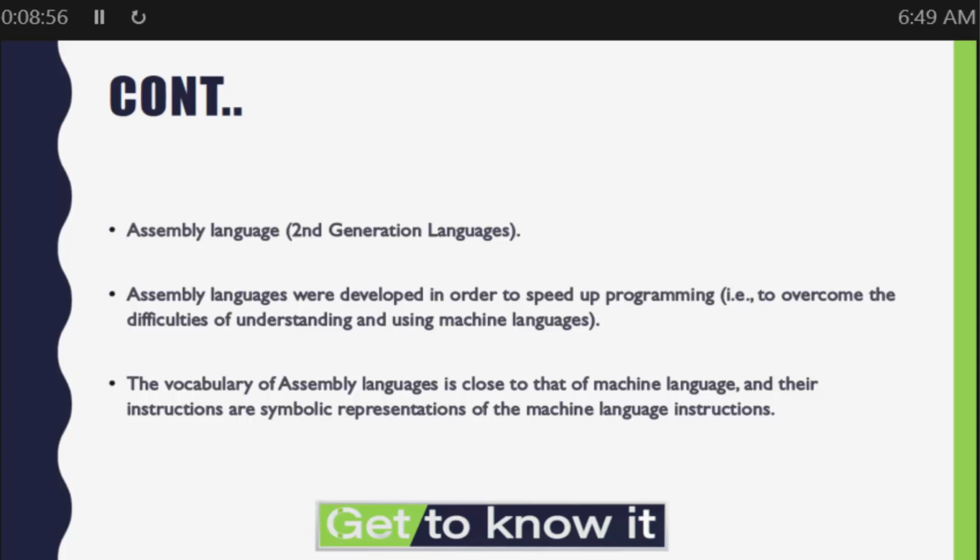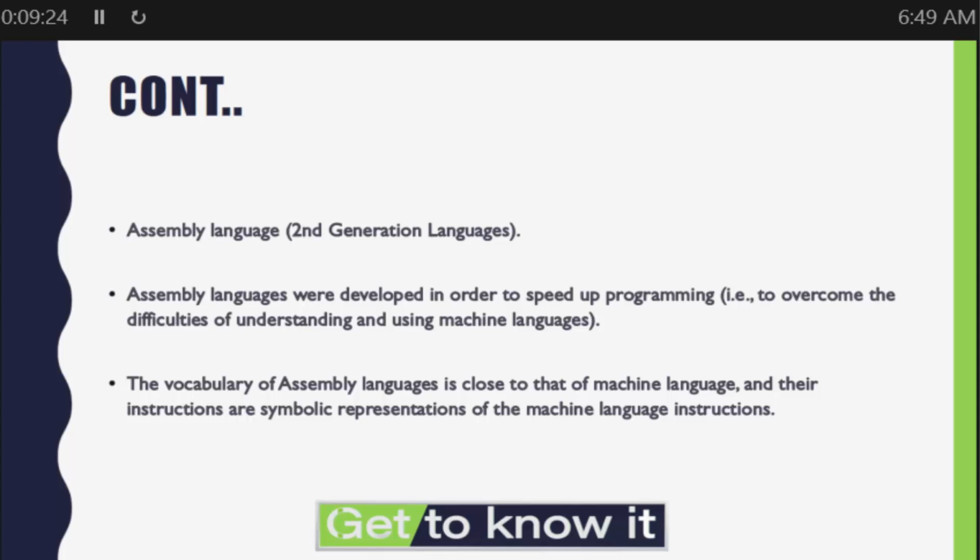And the vocabulary used for these assembly languages, as I have mentioned, is close to that of machine language. So it's not far from that. It's just made in such a way that it will be easier for the programmer to write. And you usually find that the instructions are symbolic representations of the machine language instructions.